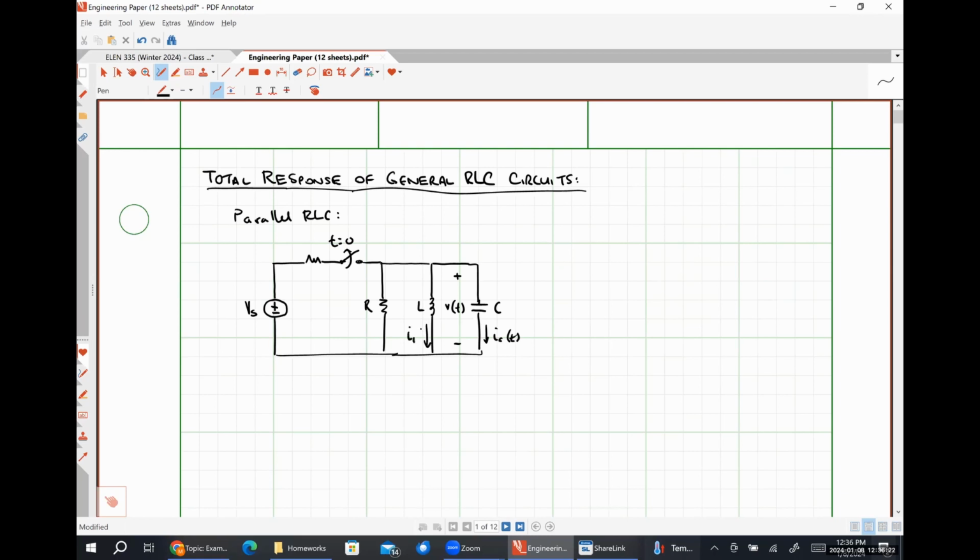This is the current flowing through our inductor, IL. This is the current flowing through our resistor, IR. And I'm just going to breeze through these steps because you've all seen them already.